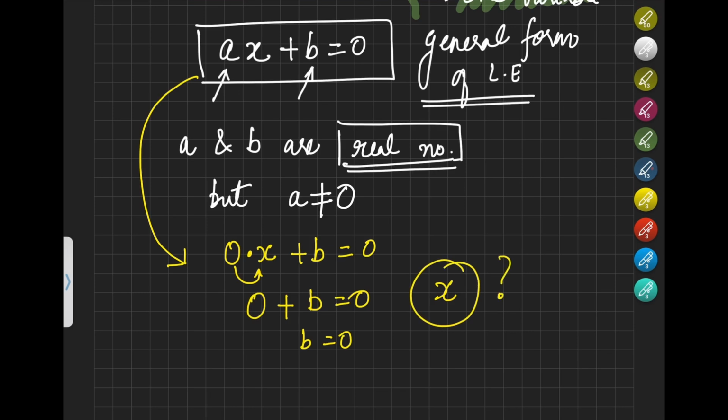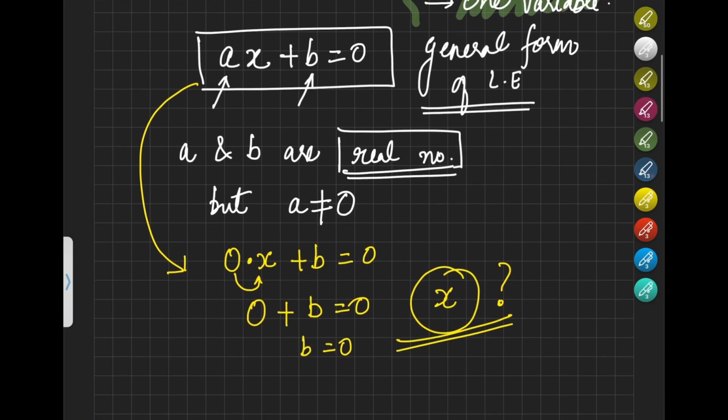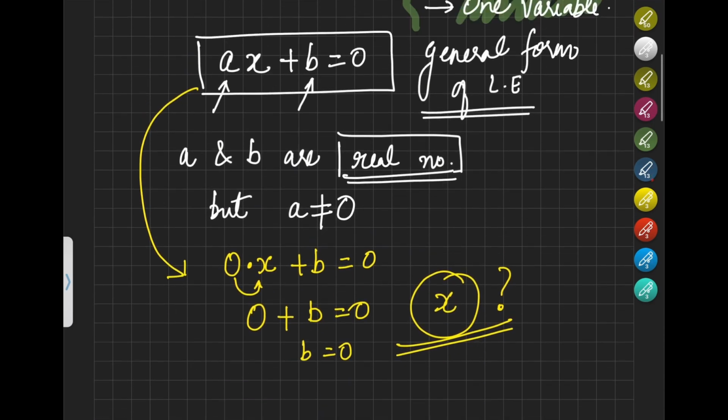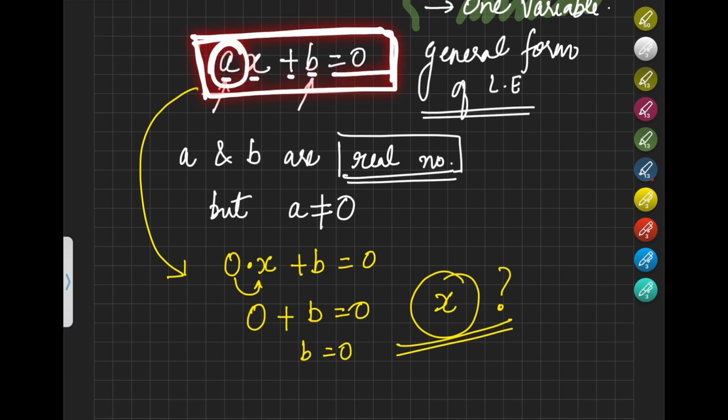It is no more there in the equation, so it is not a linear equation in one variable. So it is very important that a linear equation has the general form ax plus b is equal to 0, but the term a should never be equal to 0.